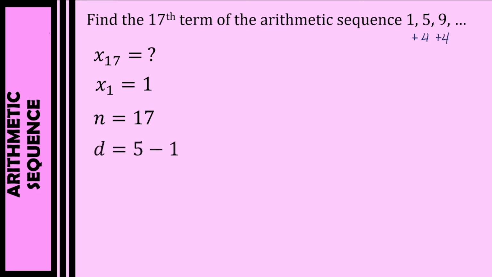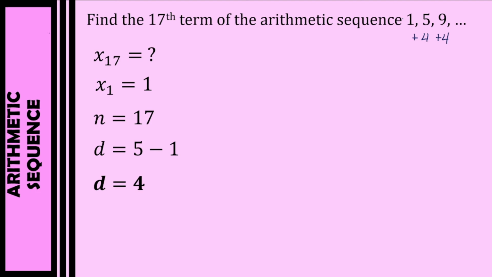So our common difference will be 5 minus 1 or 9 minus 5, that is equal to 4. To get the common difference, we just subtract the first term from the second term. So d is equal to 4.